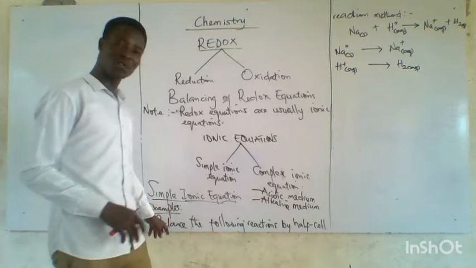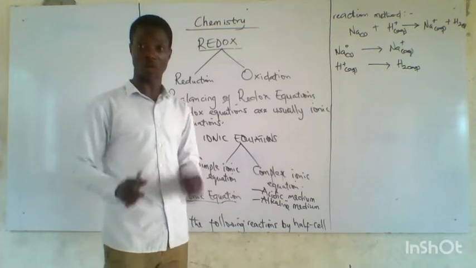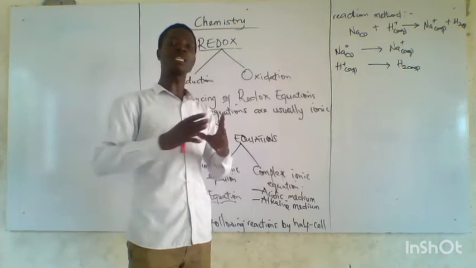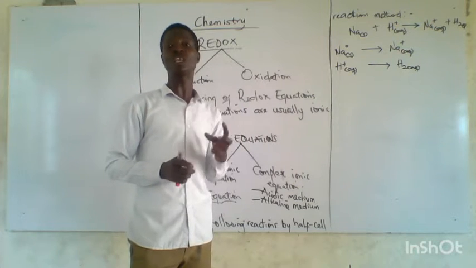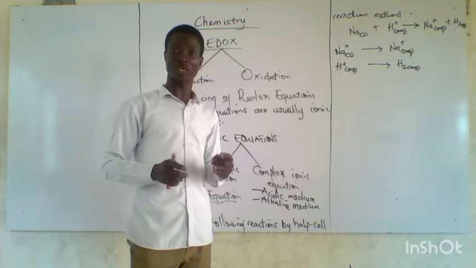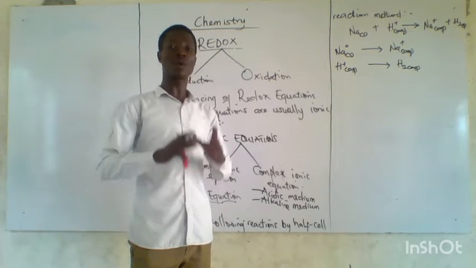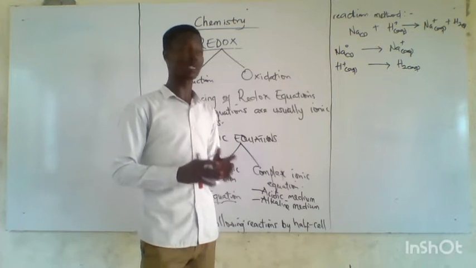So I have the first question, which says, balance the following reaction by half cell method. The half cell method involves dividing the equation given into two half cells, which are the oxidation half cell and the reduction half cell. So how can I divide this into two half cells?